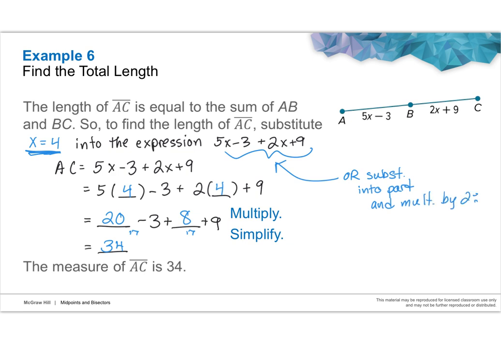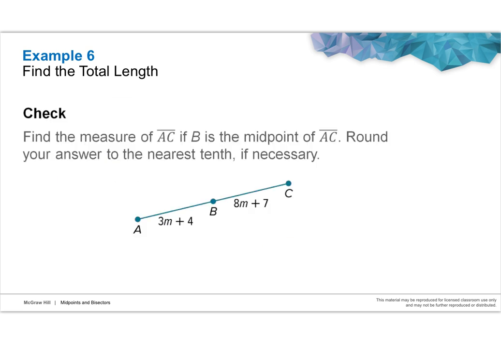For instance, if we took just the part for AB, we would say AB is 5 times 4 minus 3, which of course is 17. And since AC is 2 lengths of AB, we could get 34 that way as well. It really doesn't matter so long as the expression you set up is algebraically and geometrically accurate.